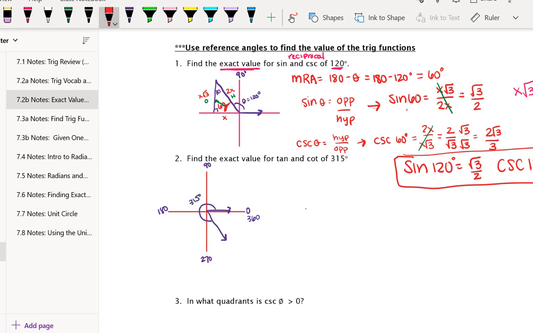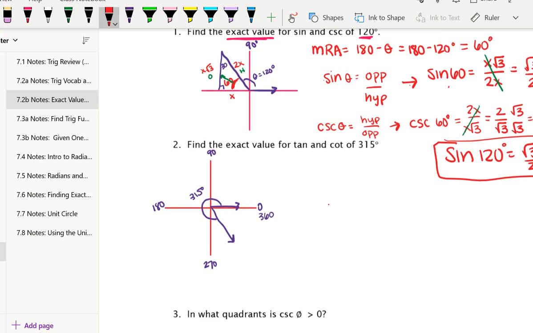But I want to know what the reference angle is, and the reference angle is to the x-axis. So this is the theta I'm going to refer to. So for the reference angle in quadrant 4, the measure of the reference angle is equal to 360 degrees minus 315, which means we're going to use a 45 degree angle.